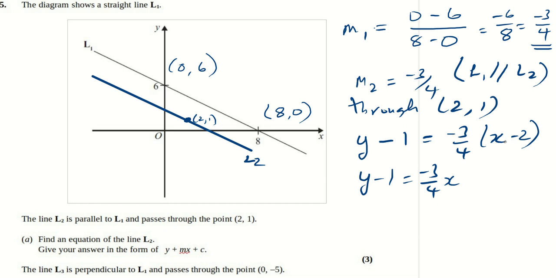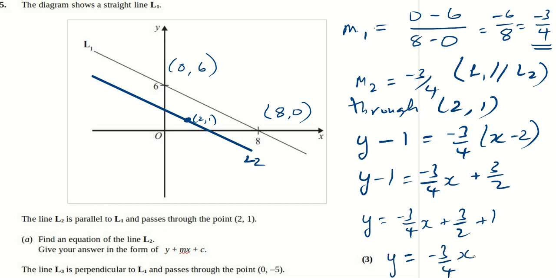Minus 3 over 4 times minus 2 is plus 6 over 4, or in other words, plus 3 over 2. And then add the 1 on and we get y equals minus 3/4 x plus 3 over 2 plus 1, which is the same as minus 3/4 x plus 5 over 2. And that's part A.